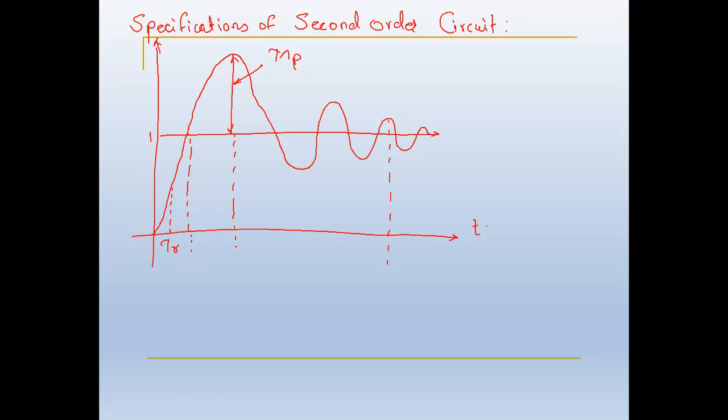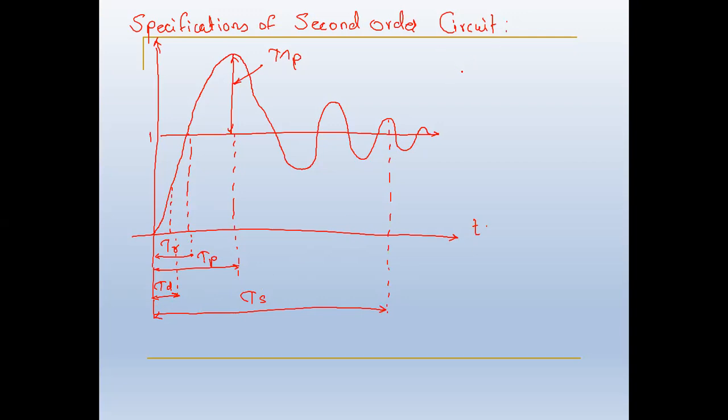Then over here, TP, that is peak time. Then just like here, TD, known as the delay time. Last, till here, TS, known as the settling time.